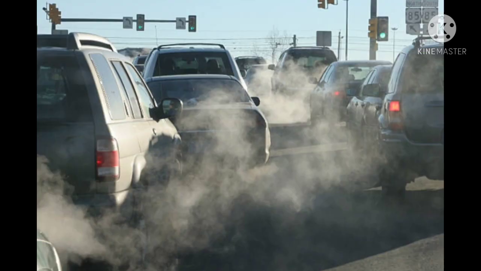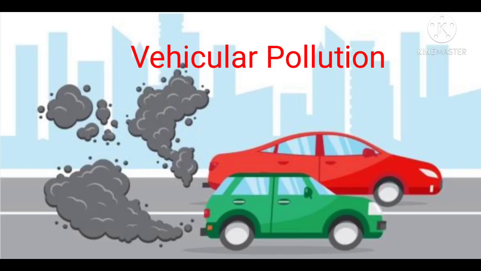Apart from that, we can follow some steps that help in the reduction of global warming. First one is reducing vehicular pollution. Vehicular emission is a major factor responsible for reducing the ozone cover of the earth's atmosphere.